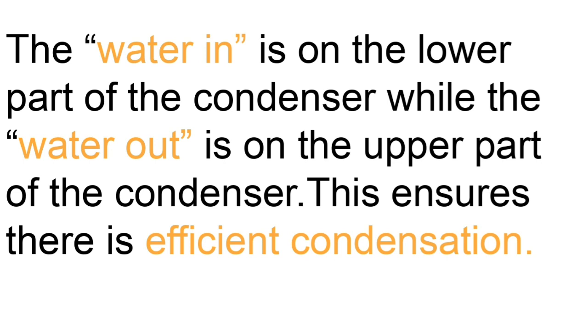Now this is done to ensure that there is efficient condensation. In other words, the water has enough time climbing up the Liebig's condenser against gravity before it leaves on the upper part where the water goes out.